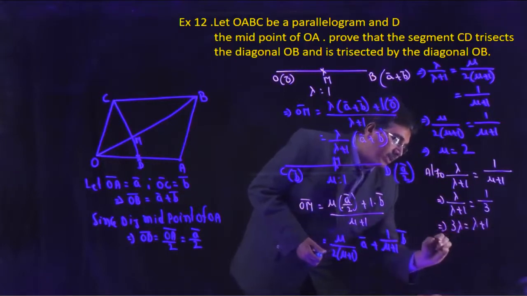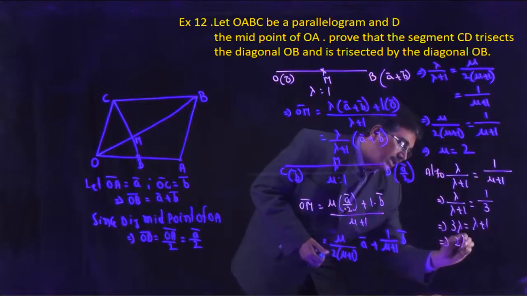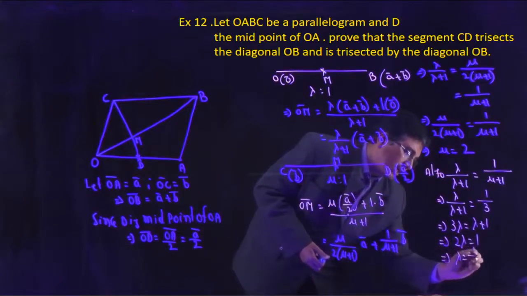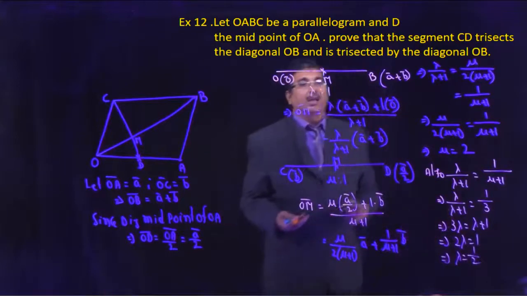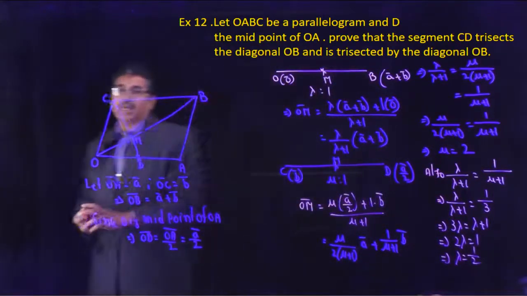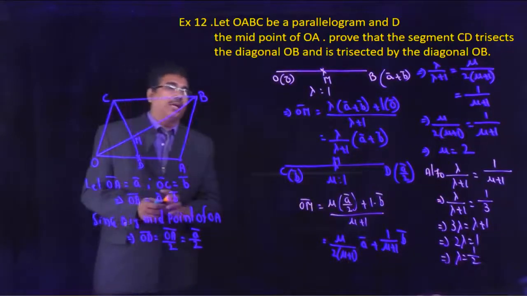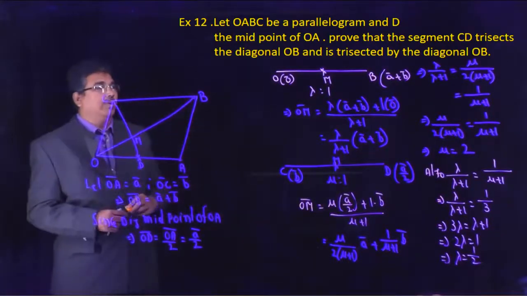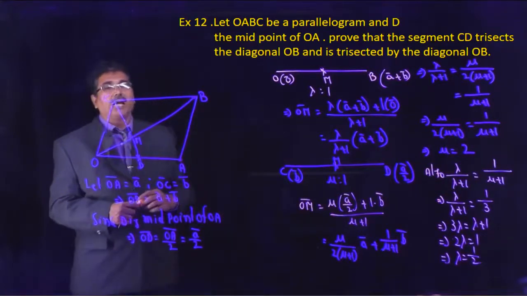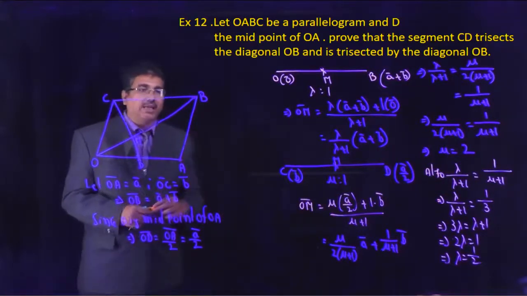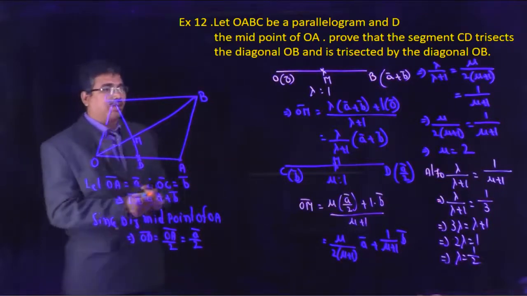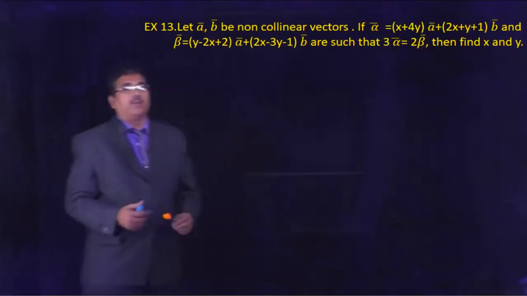That implies 2 lambda is equal to 1, that implies lambda is equal to 1 by 2. Right, the values of lambda and mu indicate that the diagonal OB and the line segment CD are trisected by each other. Right, let us see the next problem.